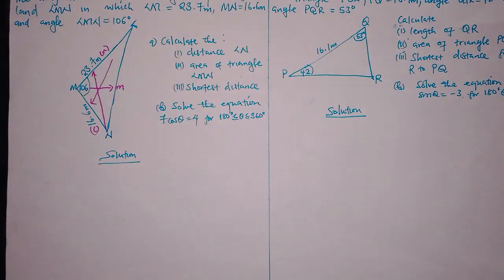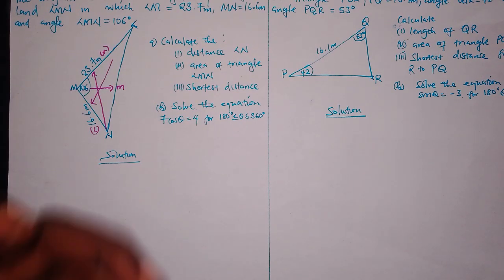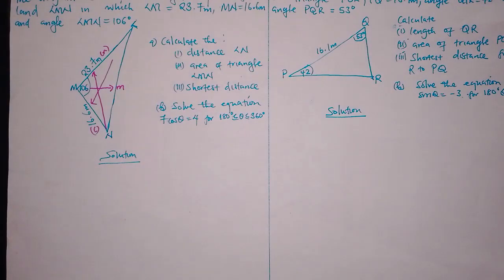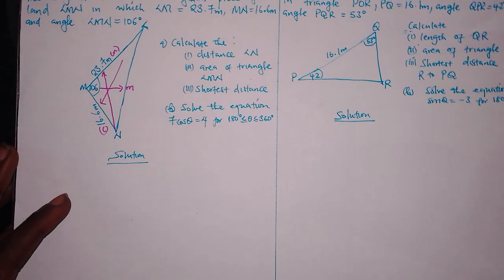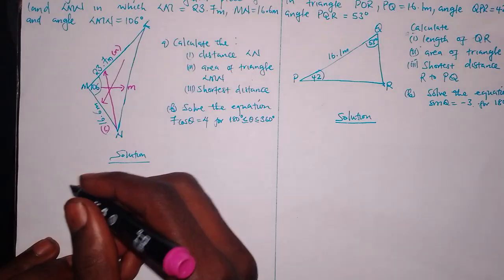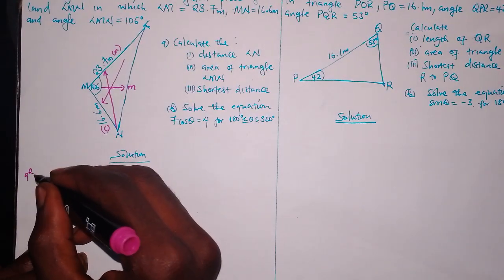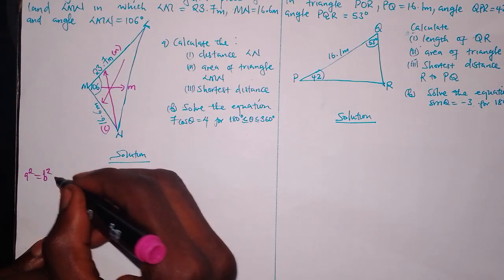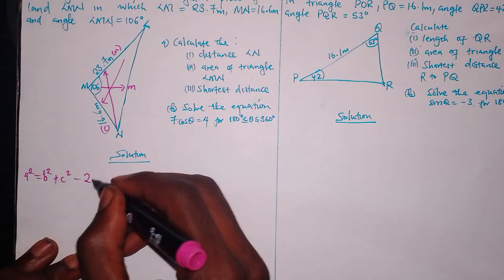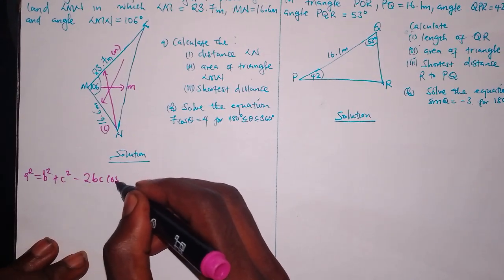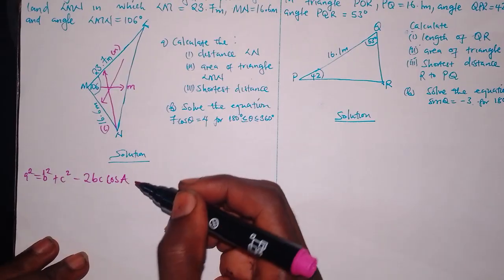So this is simple. Just do this before you start solving any trigonometric question. Make sure you write the small letters, because those letters are the ones which are going to guide us. So remember, I told you that the formula is a squared is equal to b squared plus c squared minus 2bc cos A.